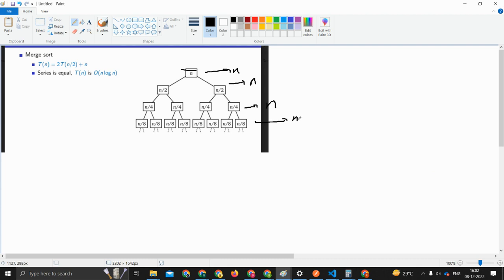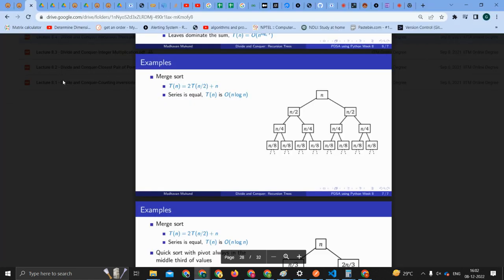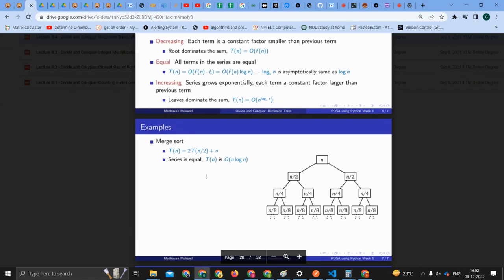At every level, if the sum of the series is the same, equal to n, then you call it a series is equal. Do you understand? Then T of n is n log n.